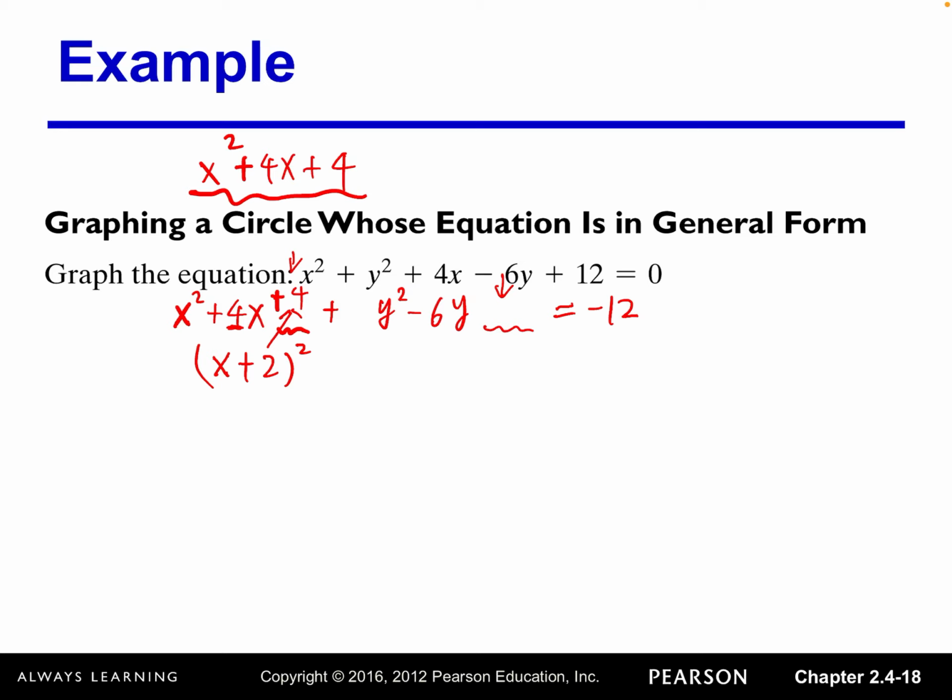And then we need to do the same thing for the y term. So here must be y. We take the y first power coefficient, negative 6, divided by 2, and that's the constant needed here. So it's minus 3. Negative 6 divided by 2 equals negative 3. And this is the perfect square we would like to put.